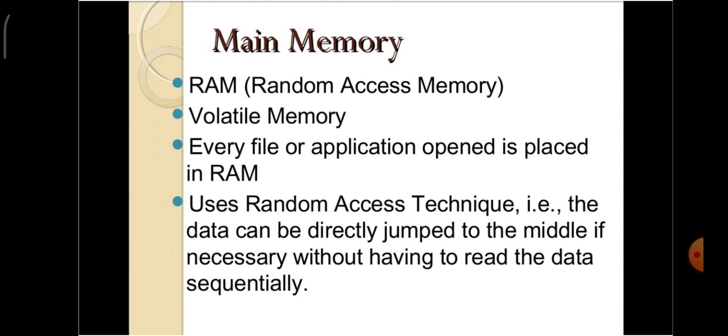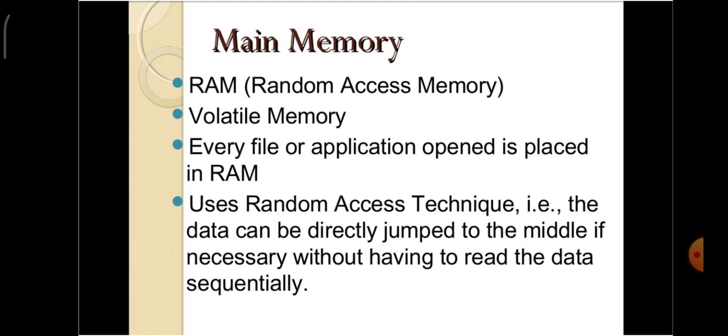Main memory. Main memory, classical example is RAM, random access memory. It is volatile in nature. That is, if power goes off, all the storage will get lost. Every file or application opened is placed in RAM.